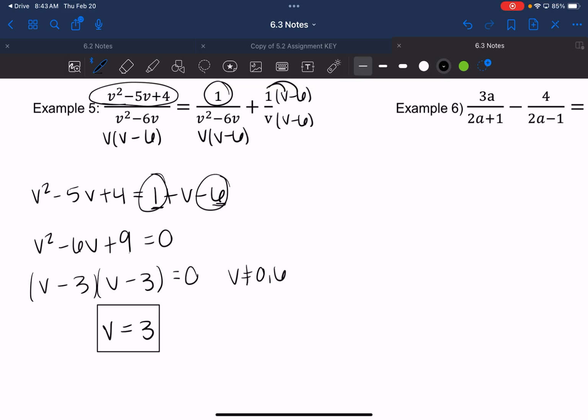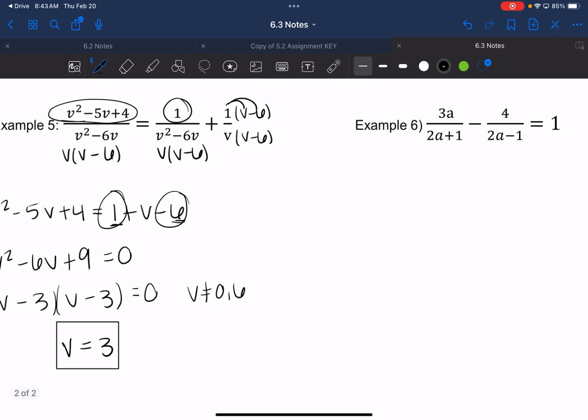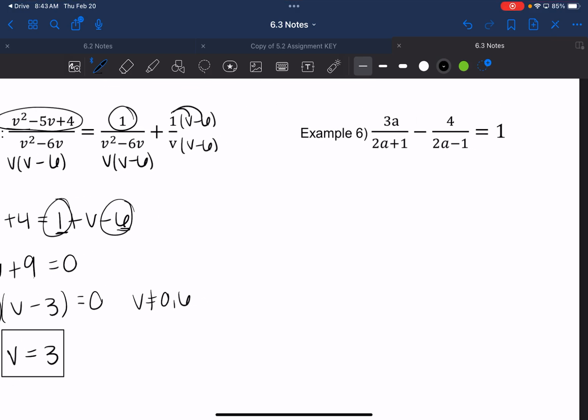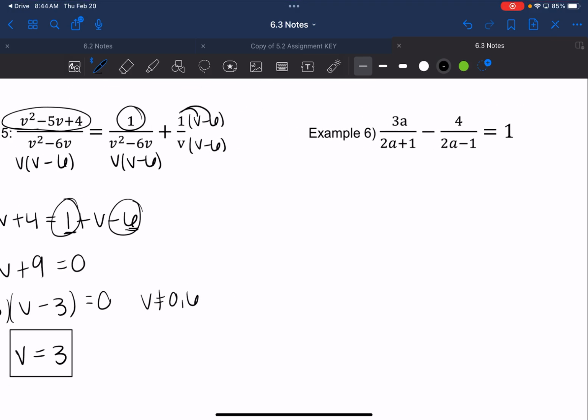All right, so this is the one I saw some of us struggling with. So let's take a look at example number 6. What's going to be our common denominator on example 6? Yes, both of these things. Yeah, so we'll have 3a, we would need to multiply it by 2a minus 1, right?